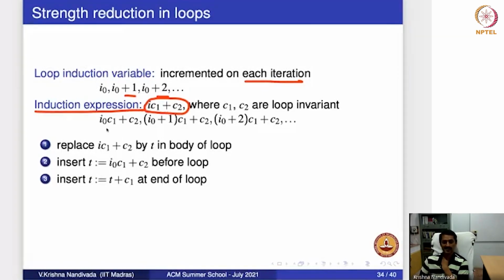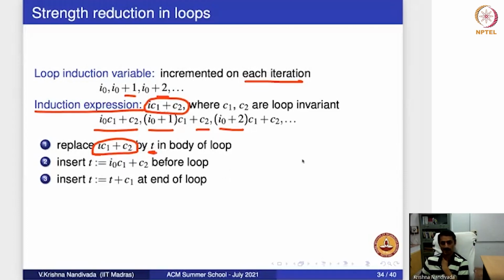In the first iteration, it is i0*C1 plus C2. Second iteration, (i0 plus 1)*C1 plus C2. Third iteration, (i0 plus 2)*C1 plus C2. If you have any such induction expression, I can do further optimizations. Wherever this i*C1 plus C2 occurs in the loop, I'll replace it with a temporary T.